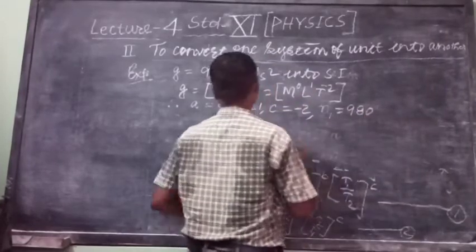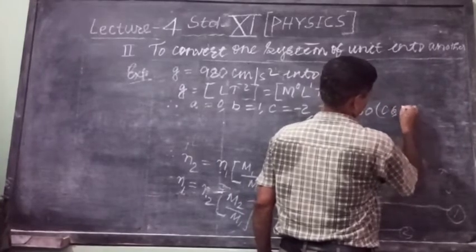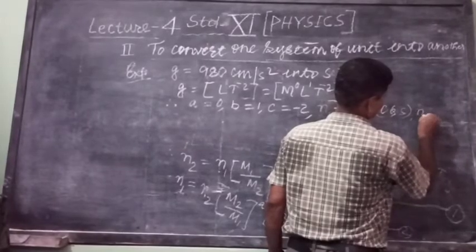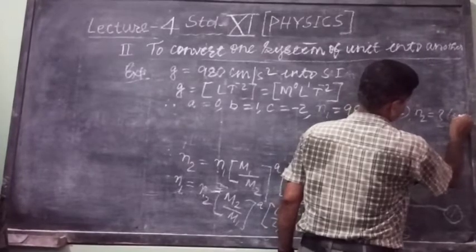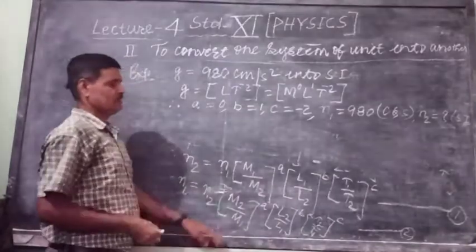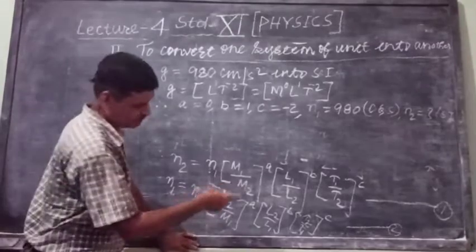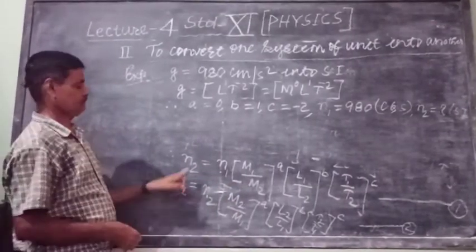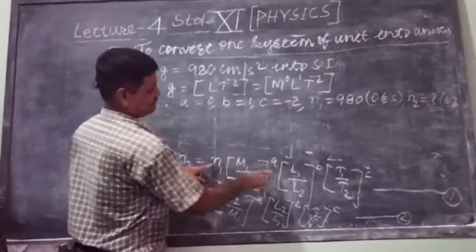This is the numerical value in CGS, and the demand of the question is n2, which means you have to convert into SI unit. Which equation will be applicable, either first or second? The very first. The value of n2 is required, and the rest is already given.